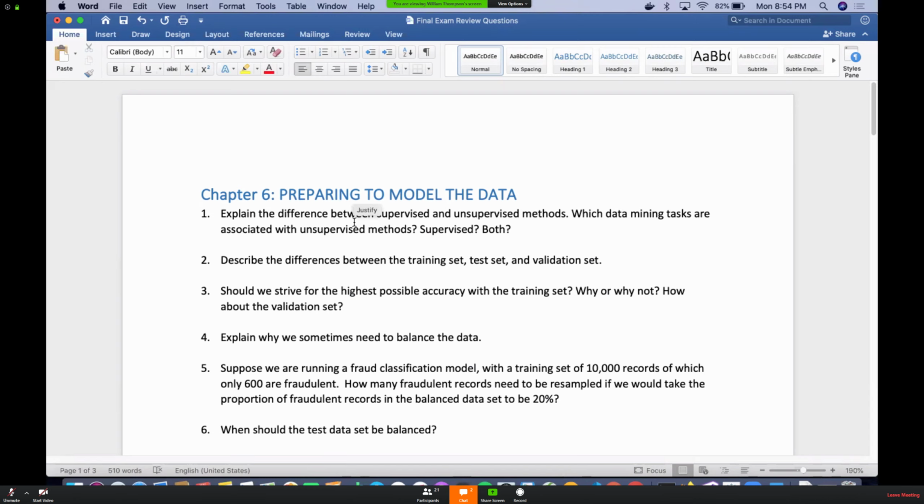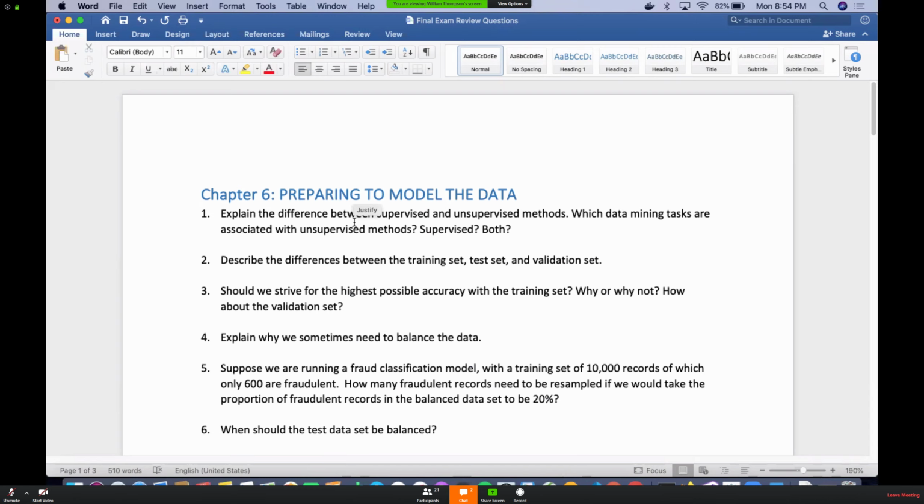Next is to describe the differences between the training data set, the test data set, and your validation data set. So there you have 3 different data sets. Again, when you are given a problem, based on the algorithm that you choose, you have to split your data set into training and testing.